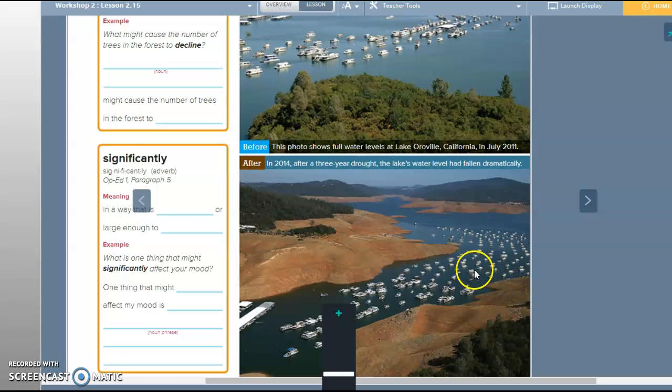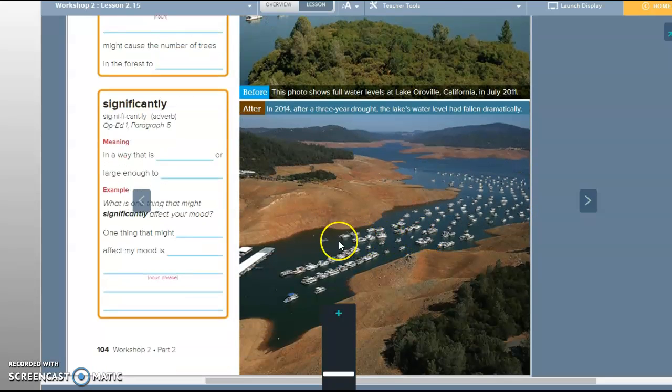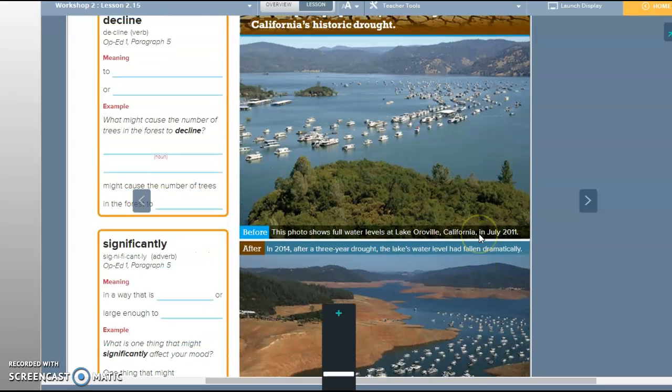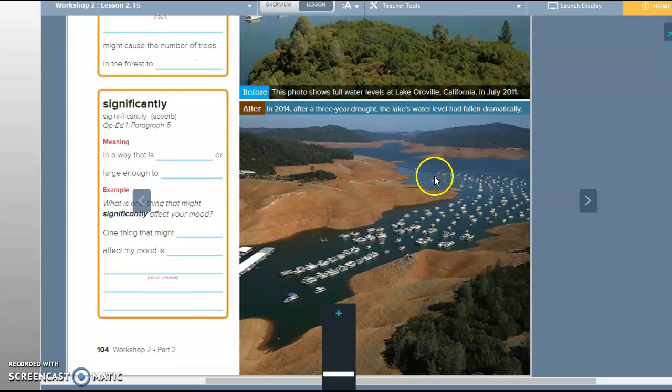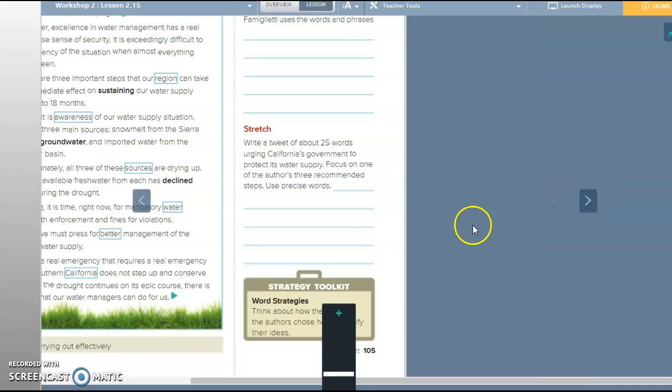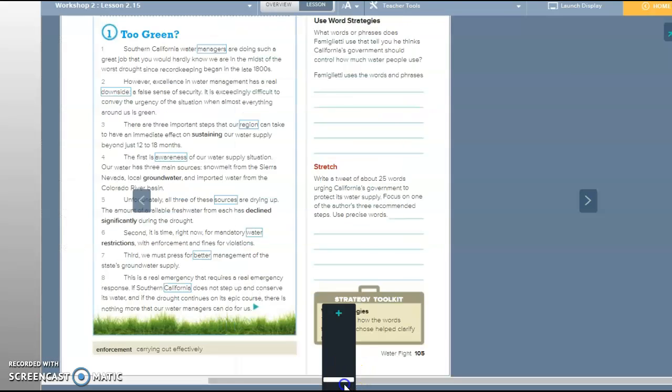In 2014, after a three-year drought, the lake's water level had fallen dramatically. Wow, so now it's just this sliver, right? All this water is not there anymore. That shows you the difference in that lake. Pretty crazy.